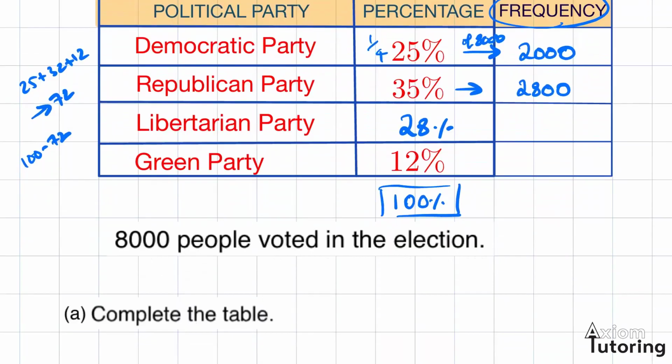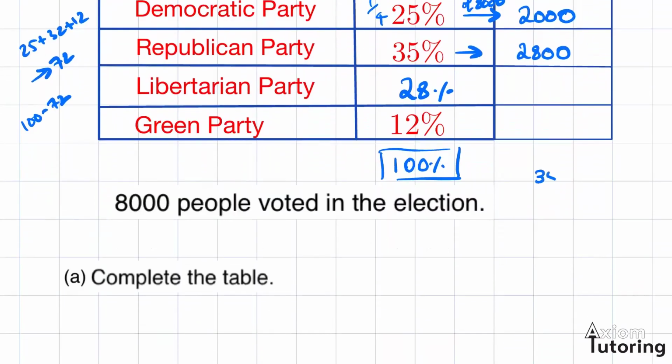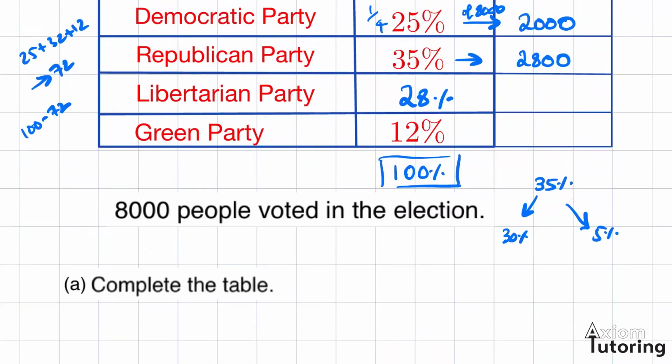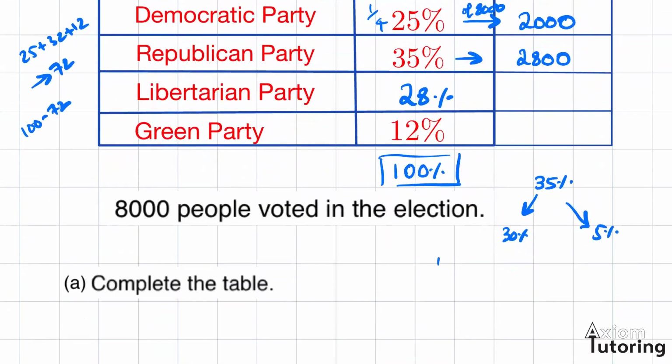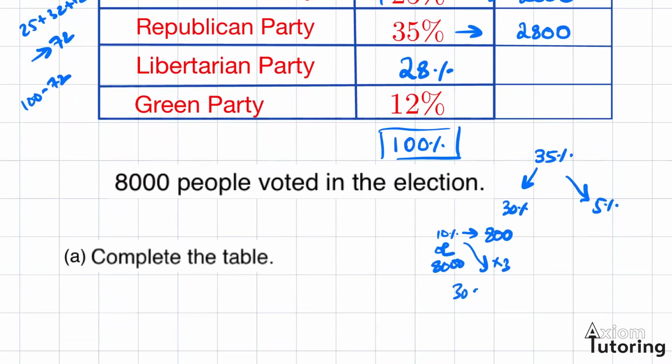There's a couple of ways that you can do this, but for people that haven't seen that video, I'll give a quick explanation. We can take 35% and split it into 30% and 5%. We know that 10% of any number is that number divided by 10. So 10% of 8,000 is 800. Well, 10 times 3 is 30%.